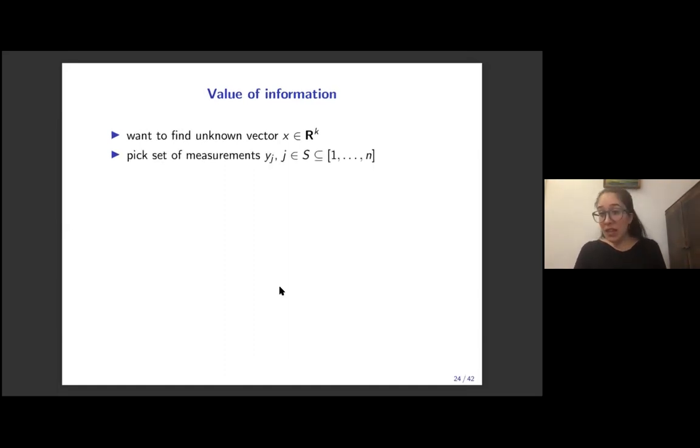We are going to pick a set of measurements yj. These are the columns of the matrix y. In our low rank model, we think that the measurements we're going to make are essentially inner products between x and yj. So we're going to pick a set of measurements yj for j in some set. It's a set of columns that we're picking, the set of machine learning models we're going to run on the data set.